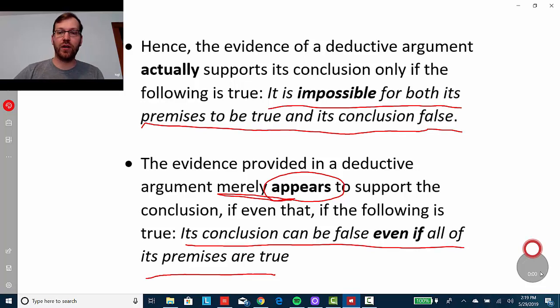So a deductive argument in which, even if all of its premises are true, its conclusion could still be false, is one that you should not be convinced by. For all the evidence you've been given, maybe the conclusion's wrong. So let's take a look at an example of such an argument.